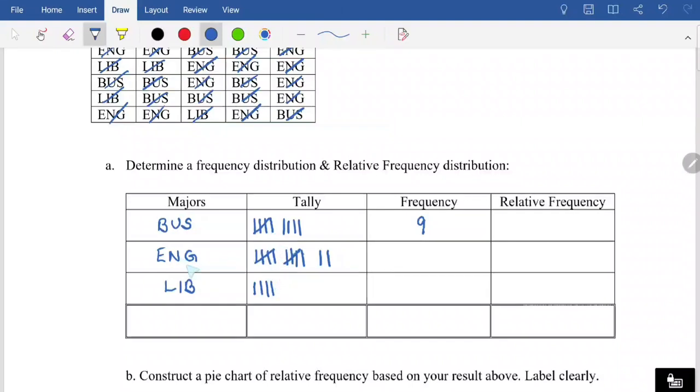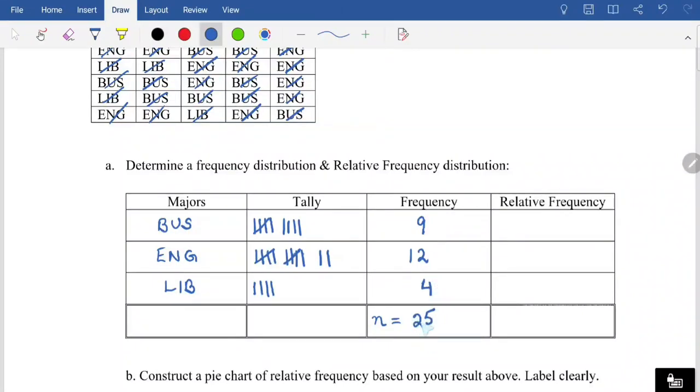For ENG, engineering, it was 5 plus 5, 10 plus 2, 12. And for liberal arts and sciences, it's 4. And then we will sum up all the frequency values, which will give us our value for n. So 9 plus 12 plus 4 is 25.